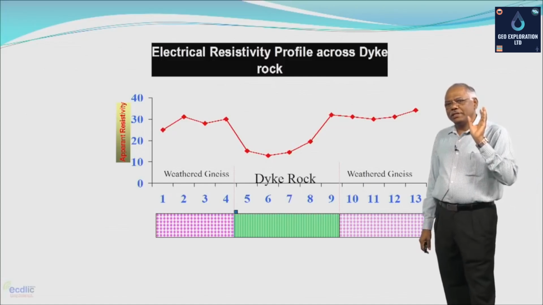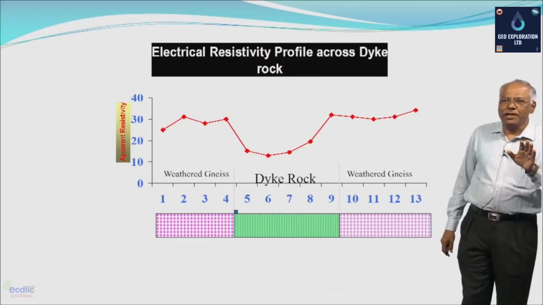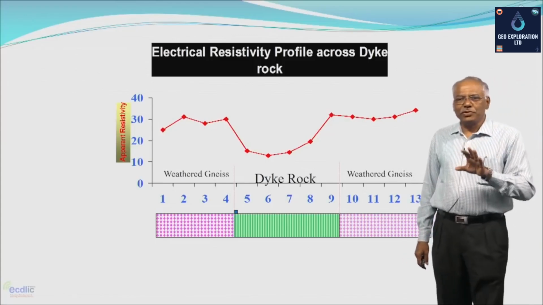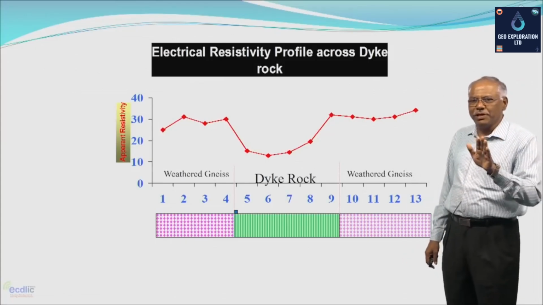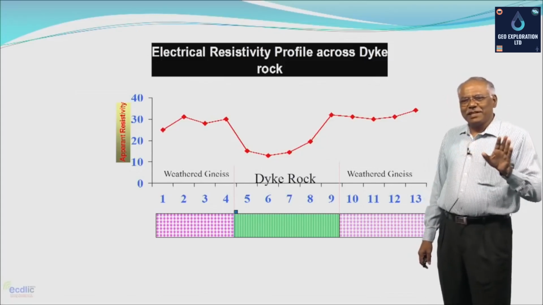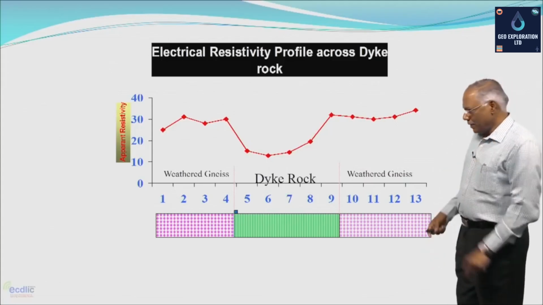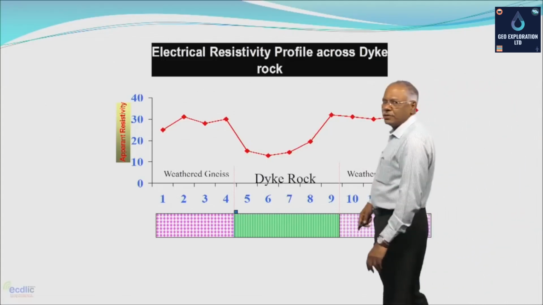So, with the help of profiling it is possible to identify dike features or linear features. It could be lineaments, faults, fractures, dikes, or even certain kinds of utilities, and it is possible to locate them with the help of horizontal profiling.